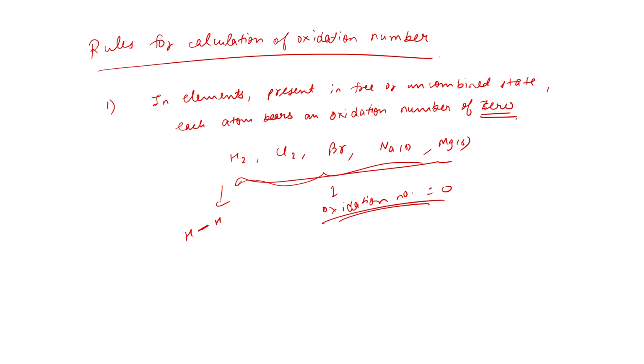Now, I have told you that for calculating the oxidation number, we assume that there has been complete electron transfer from a less electronegative element to a more electronegative element.